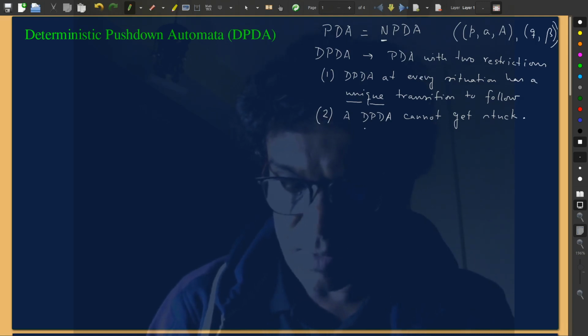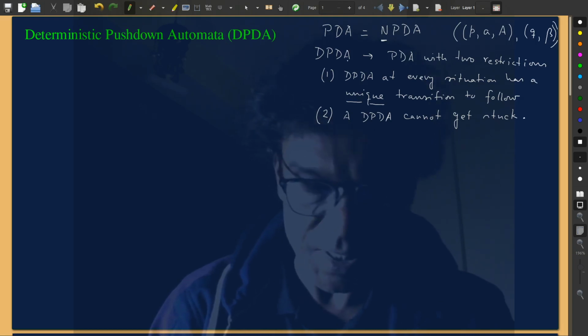In order to make these things clear, I need to make some small adjustments to a PDA.